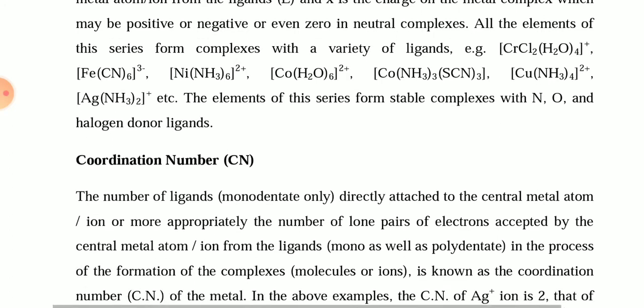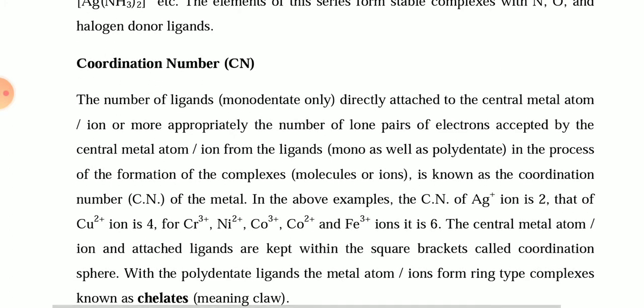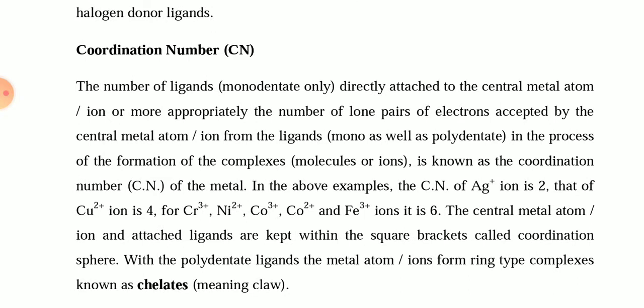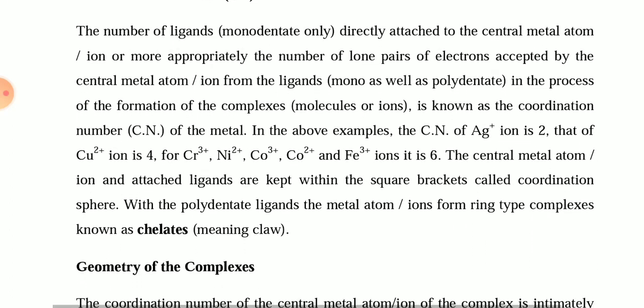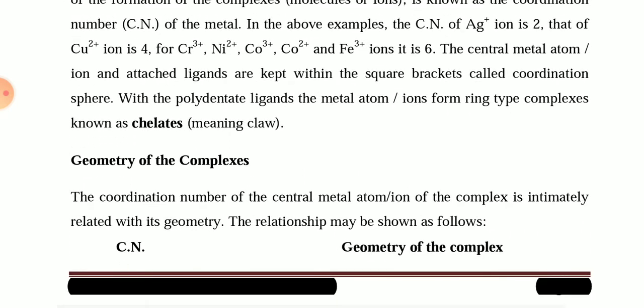So this is the coordination number for the complexes. The central metal ion and the attached ligands are kept within a square bracket called the coordination sphere. With polydentate ligands, the metal ion forms ring type complexes known as chelates, meaning it is like a crown-like structure.